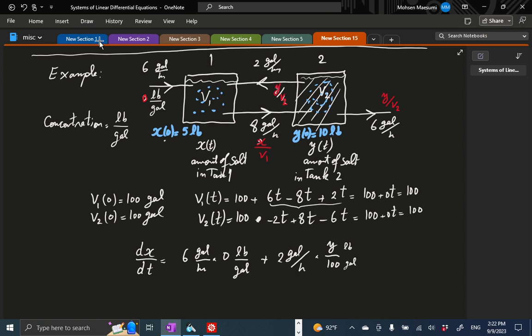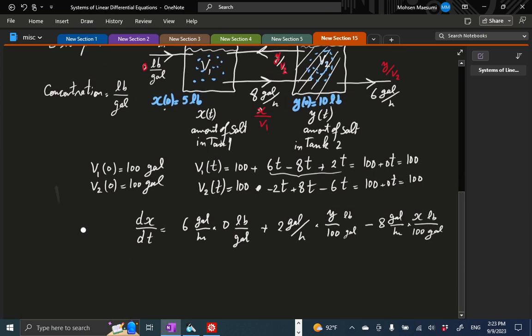That's what is coming in. This one is taken out, so I have minus, at the rate of 8 gallons per hour, and the concentration that is taken out is X pounds of salt per 100 gallons of water. That's the concentration here.